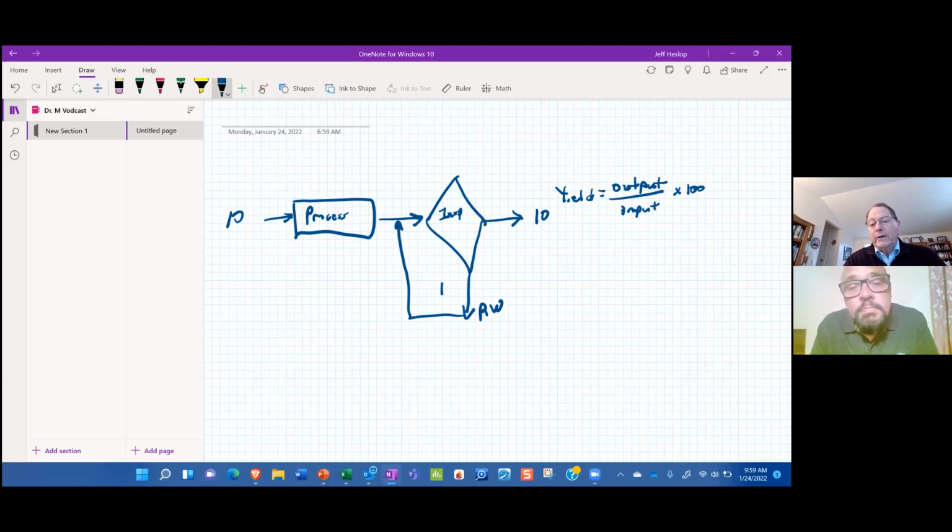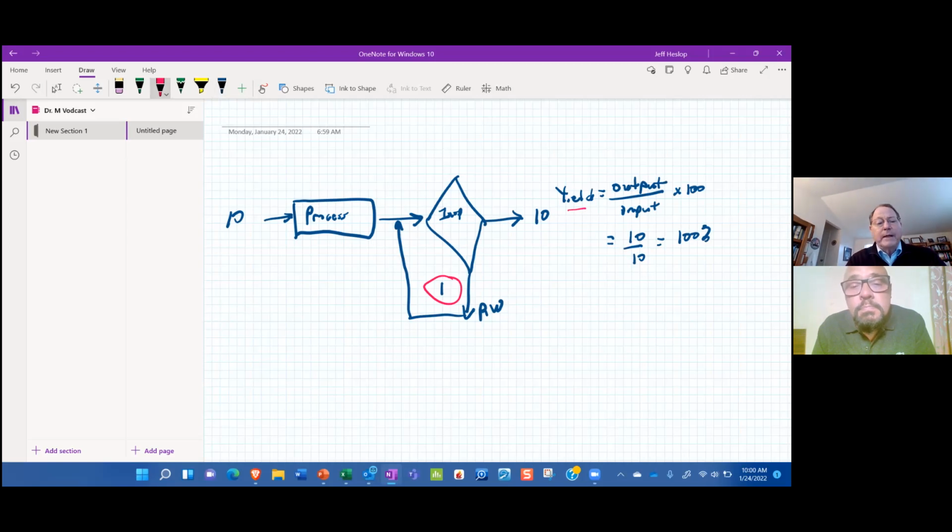So I'm going to calculate the yield here. And as you can see, it's 10 over 10. And so percentage wise, I would say it's 100% yield. But you can see that ignores the problem that I'm producing defective product and having to rework it. So this definition of yield is something I won't use.